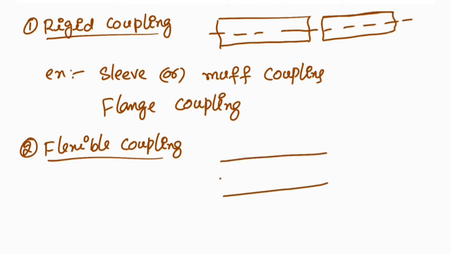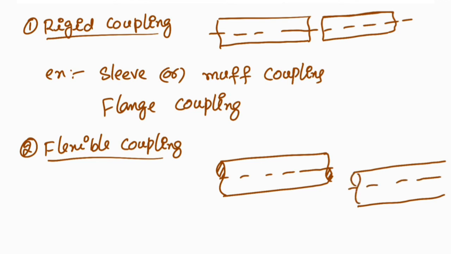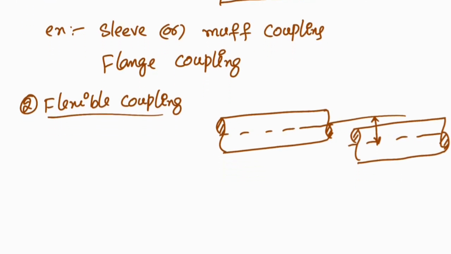Let this be one shaft, and the other shaft may be like this, maybe like this. So these two are not on the same axis. These two are laterally misaligned. For connecting this kind of shafts which are laterally misaligned, or some other shafts may be like this: one shaft axis may be like this, the other shaft axis may be like this. This is the shaft 1 axis and the shaft 2 axis.